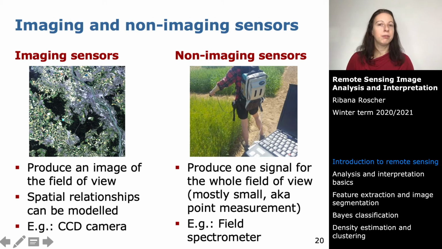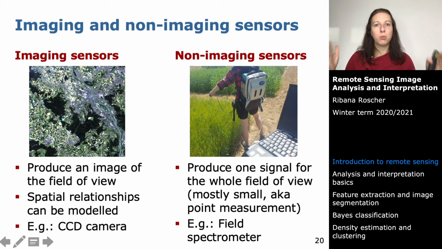The best example for this is a CCD camera. The CCD chip in the camera gets this information with spatial relationships between all these pixels. In contrast to this, there are non-imaging sensors. Non-imaging sensors produce one signal for the whole field of view. So you don't get single pieces of information with coordinates or spatial information.